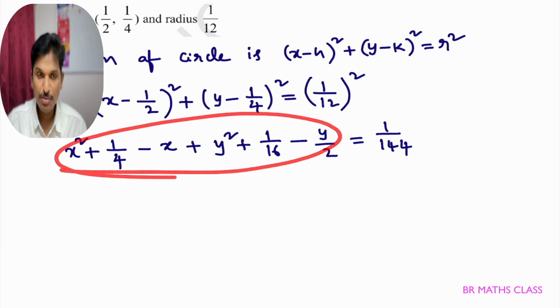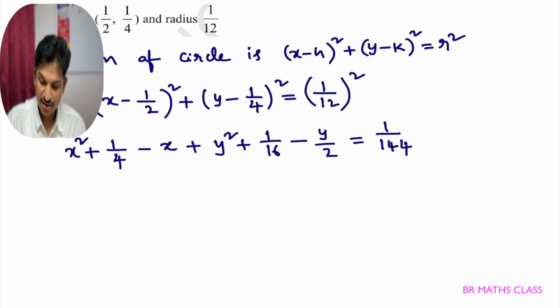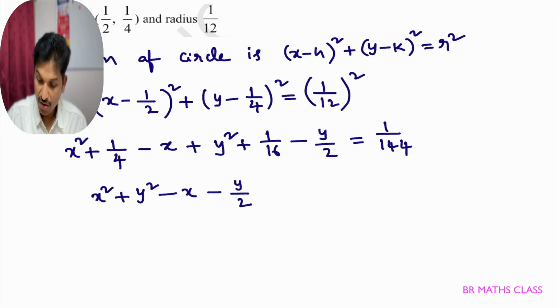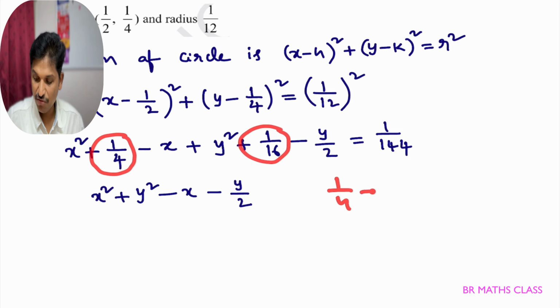Now we'll do a little bit of simplification in the left hand side part. First x square term, next y square term, next x term, next y term. Now what constants are remaining on the left hand side? Plus 1/4 plus 1/16. See, 1/4 plus 1/16, what you will get?